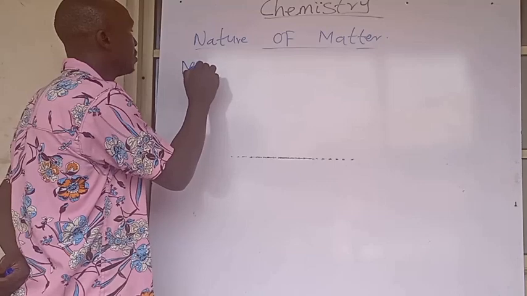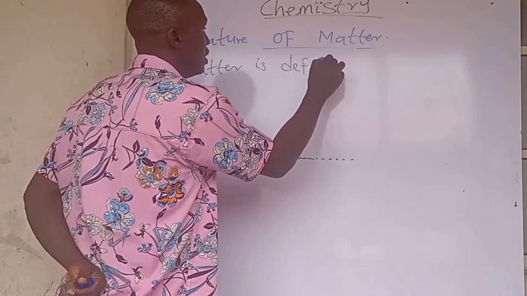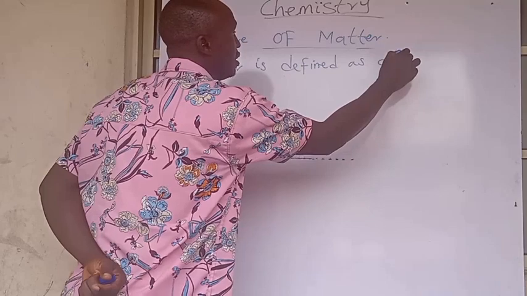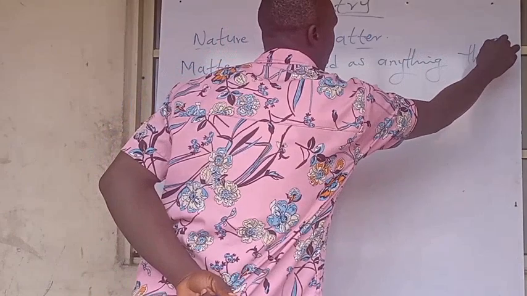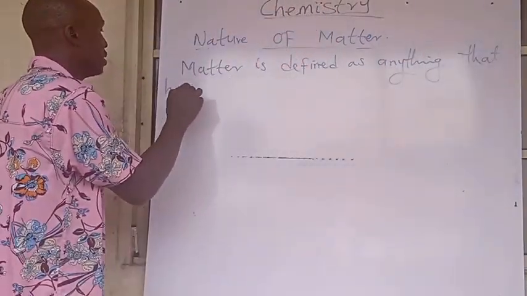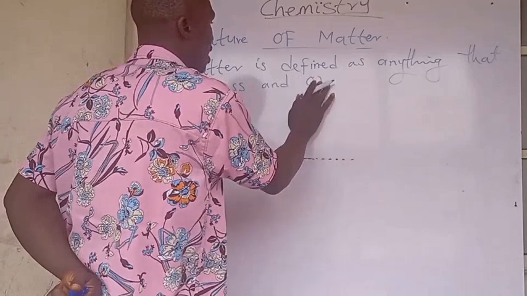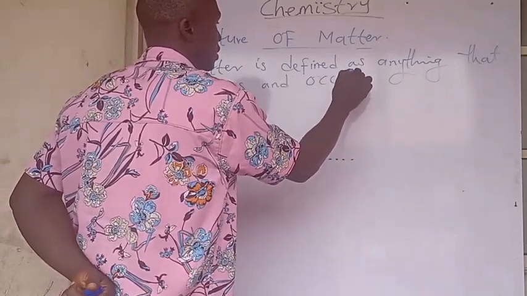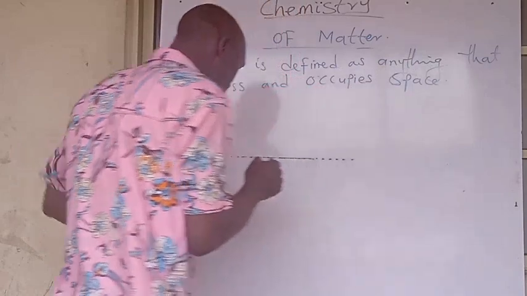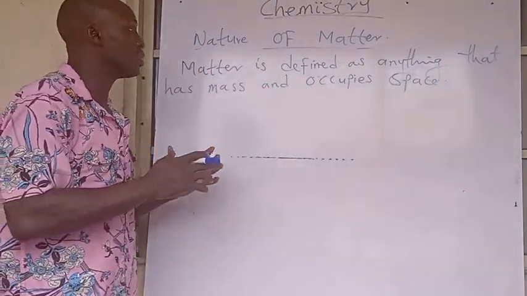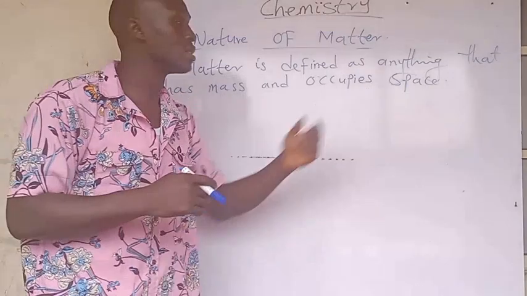Matter is defined as anything that has mass and occupies space. So definitely, we've seen that everything in our environment has mass and also occupies space.